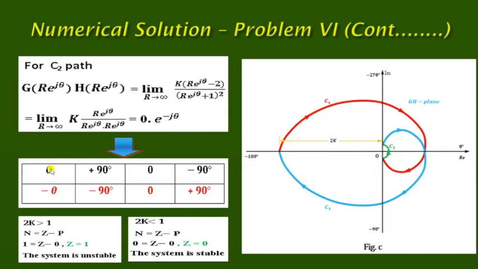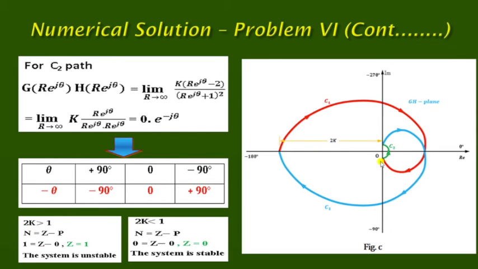Then theta goes from plus 90 to 0 to minus 90, and the angle is minus theta. So minus 90 into minus theta, that means plus 90.